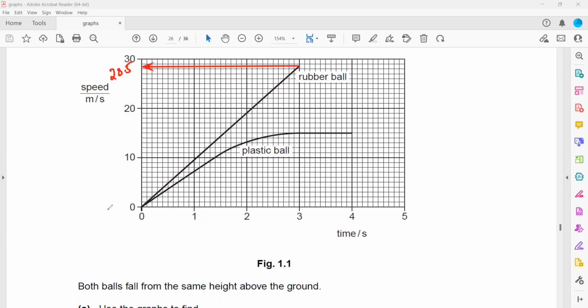And the initial speed is 0. So it will be V minus U over T, which is 28.5 minus 0 divided by 3. So 28.5 divided by 3 equals 9.5. So acceleration equals 9.5 meter per second squared for the rubber ball.